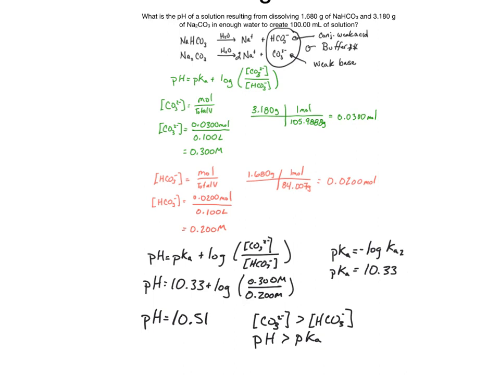Okay, so in the next video, I'm going to talk through how to figure out how to make a buffer given a little more realistic sort of question. Generally, we ask to make a certain volume of a certain concentration of buffer using things that we have in the stockroom.